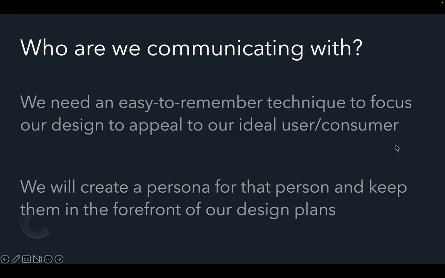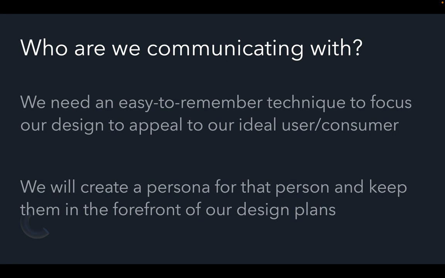All right, so we wanted to figure out who we are communicating with. And we also want a way that we can remember very easily who we're trying to target with our website. A month from now, it's going to be pretty hard if you try to think back to this day and all you have is a very generic concept, like I'm trying to appeal to senior citizens who are somewhere between 55 and 75 and want to learn to cook healthy recipes.